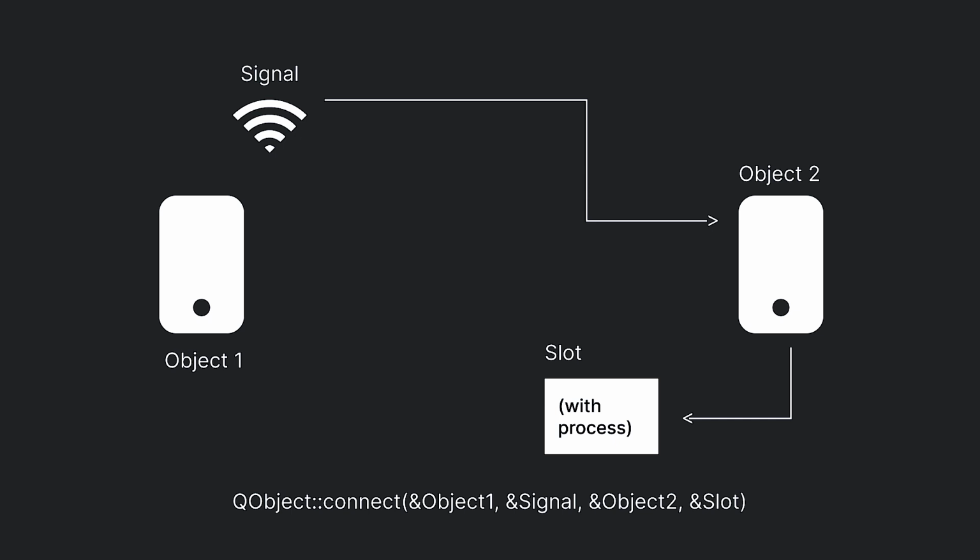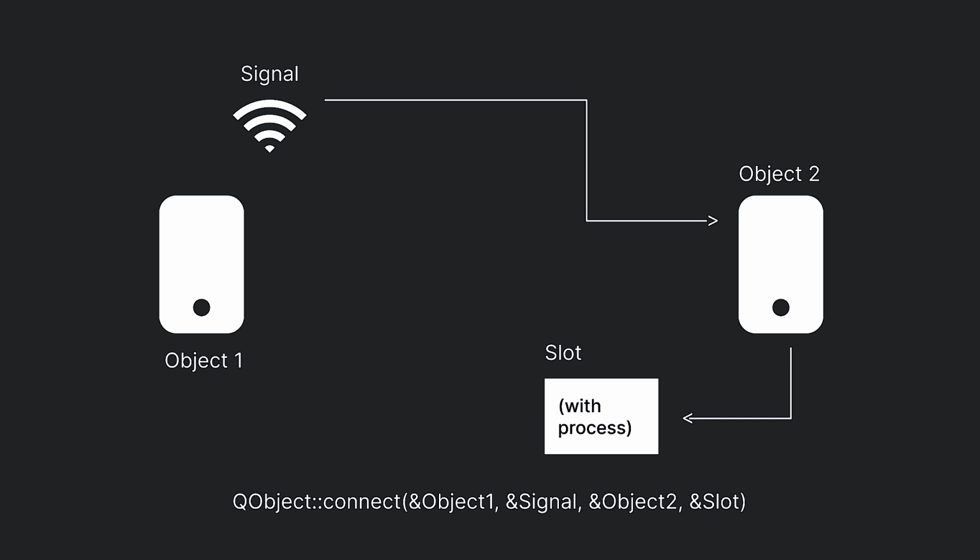So how do you connect this signal to the slot of a different object? With the connect function given by QObject. QObject is the main class or the main source code for our Qt, which we also inherited in our main class. Everything that you use inside Qt will be inherited from QObject to inherit the features given by Qt.